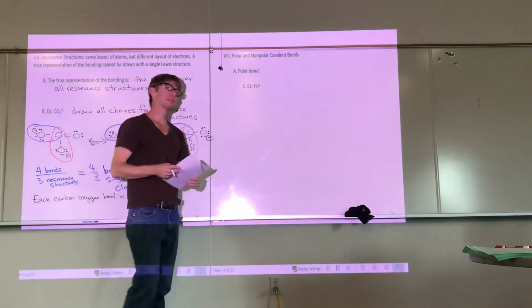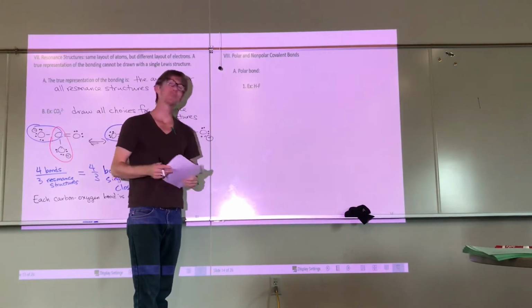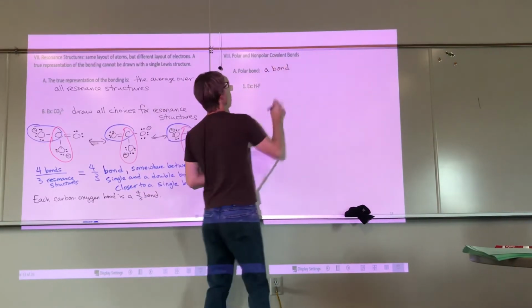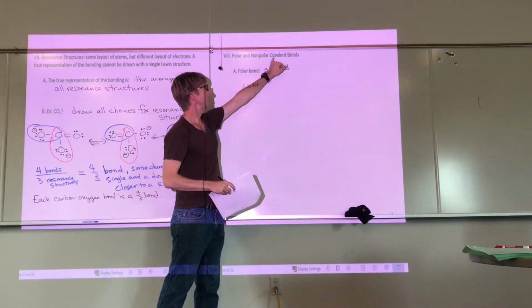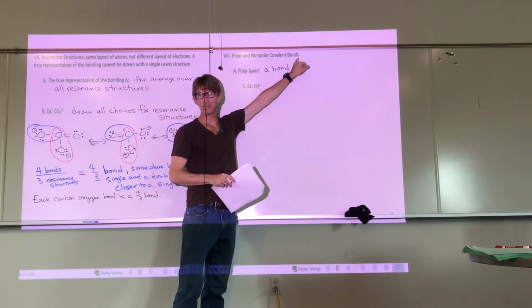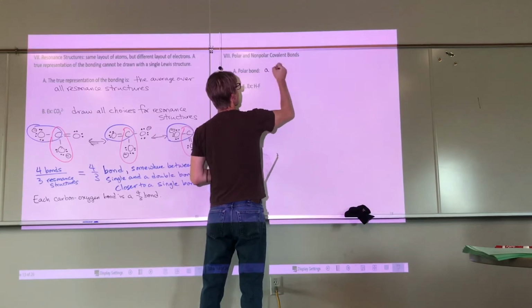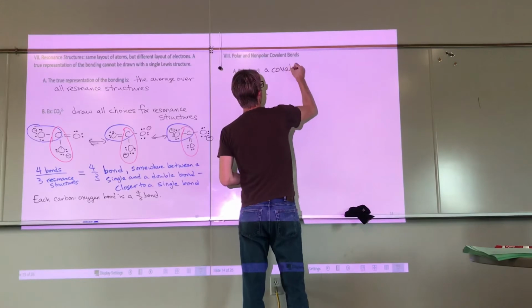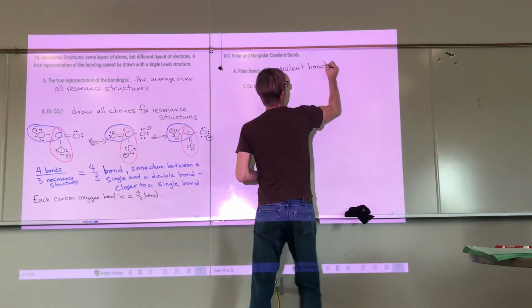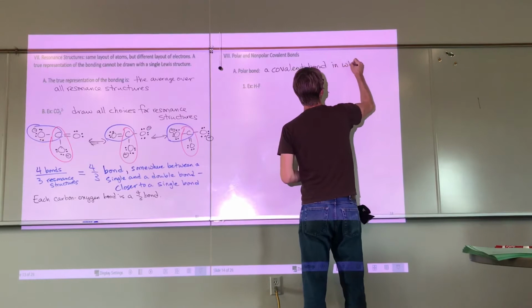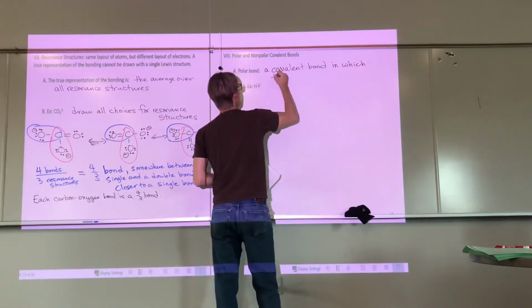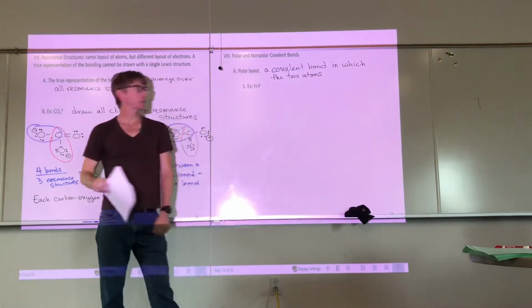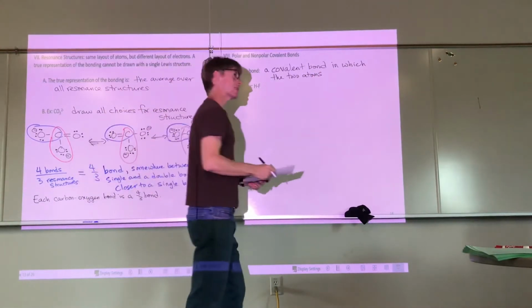A polar bond is a covalent bond, which is a little redundant, in which the two atoms have different electronegativity values.